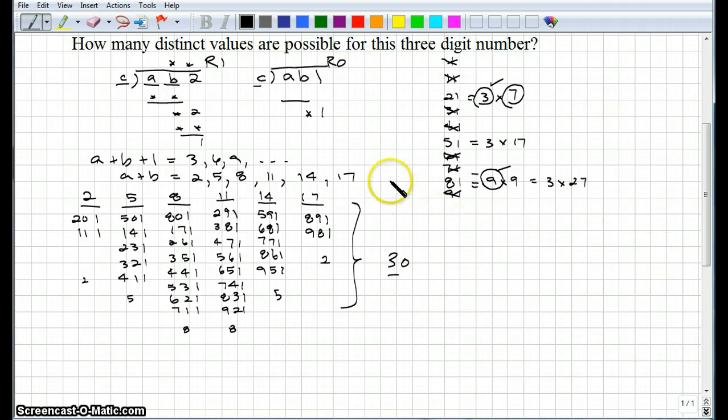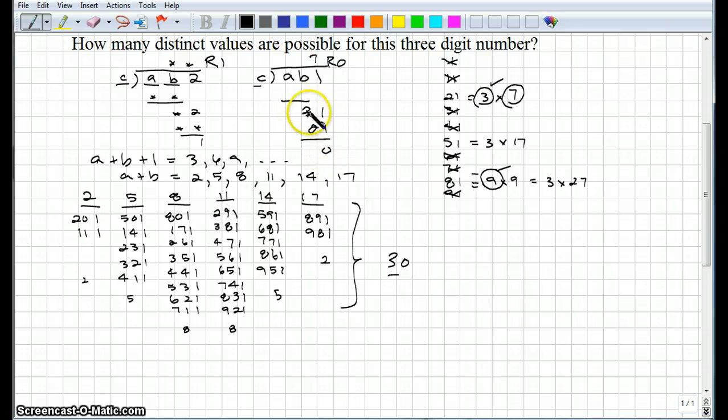So let's take a look here. It looks like the only two-digit number that is not prime and involves 7 is this 3 times 7. So we know up here we'd have to have 7, and this would have to be 21. Okay, and then we get 0.